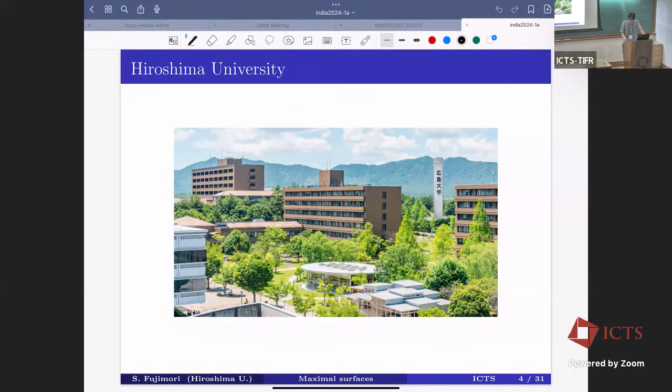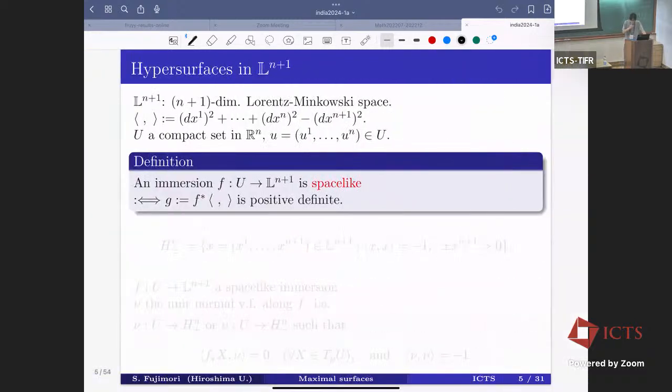Okay, let's start mathematics. In these lectures, I will give a talk about zero mean curvature surfaces in Lorentz-Minkowski space.